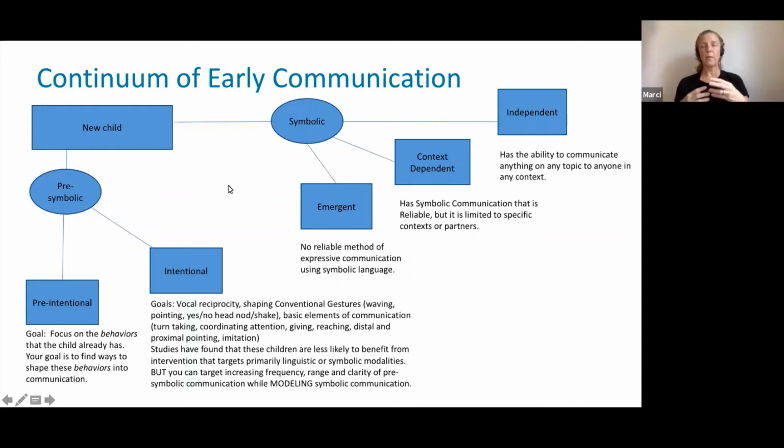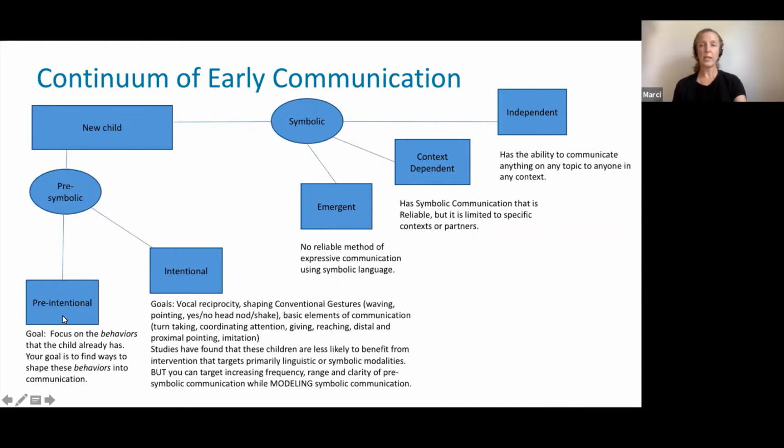So the definition of that is, if you are a symbolic communicator, you are using a spoken word, a sign, or a picture to help you build communication. So those are the symbols, the things that stand for other things. If you are pre-symbolic, you're not doing that. So you're not using a spoken word, a sign, or a picture. And then we have 2 different categories.